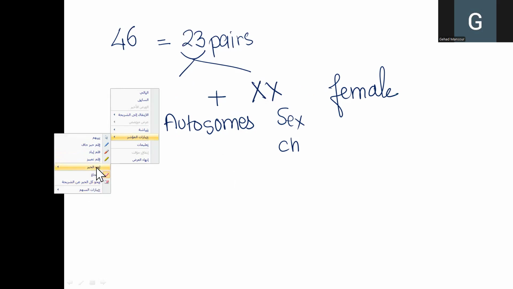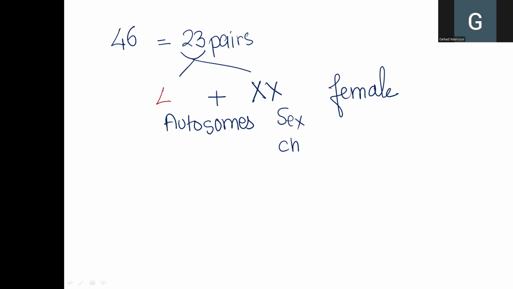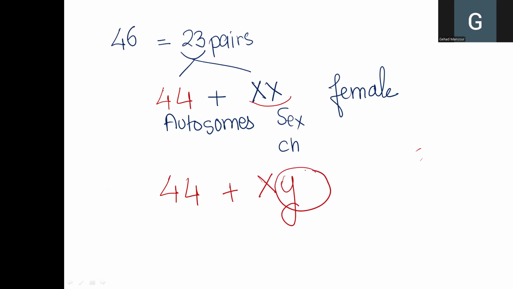The 2 sex chromosomes are exactly similar. In the case of a male, we will have 44 autosomes again, but instead of XX, we will have X and Y. So the presence of the Y chromosome is crucial for the determination of the male sex.